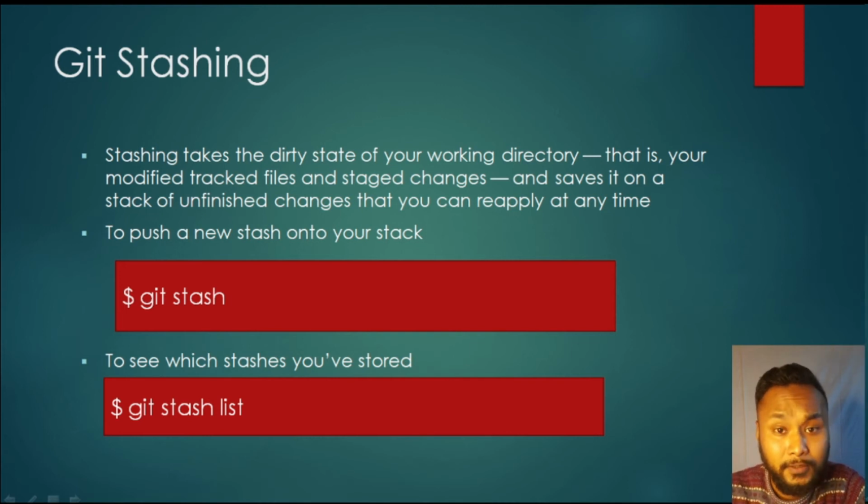So let's look at the screen. Stashing takes the dirty state of your working directory, that is your modified tracked files and staged changes, and saves it on a stack of unfinished changes that you can reapply at any time. To push a new stash onto your stack, we can write git stash. To see which stashes you've stored, git stash list.